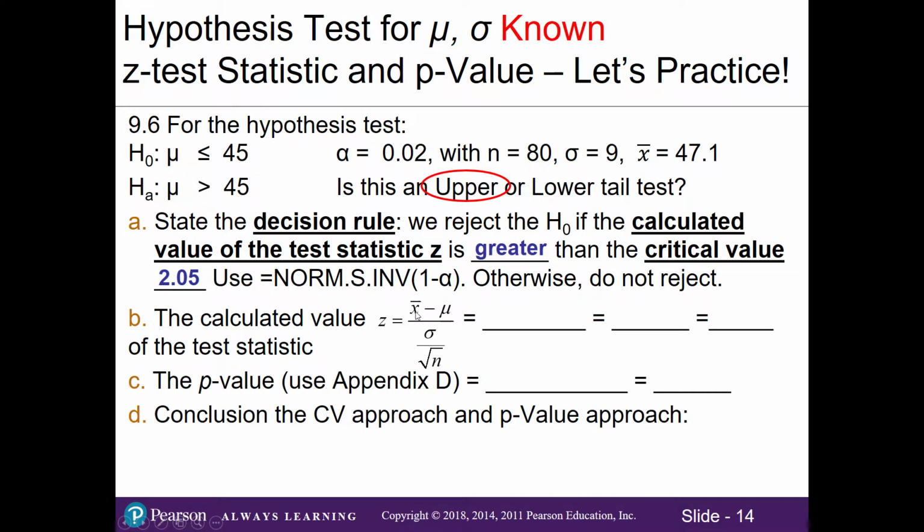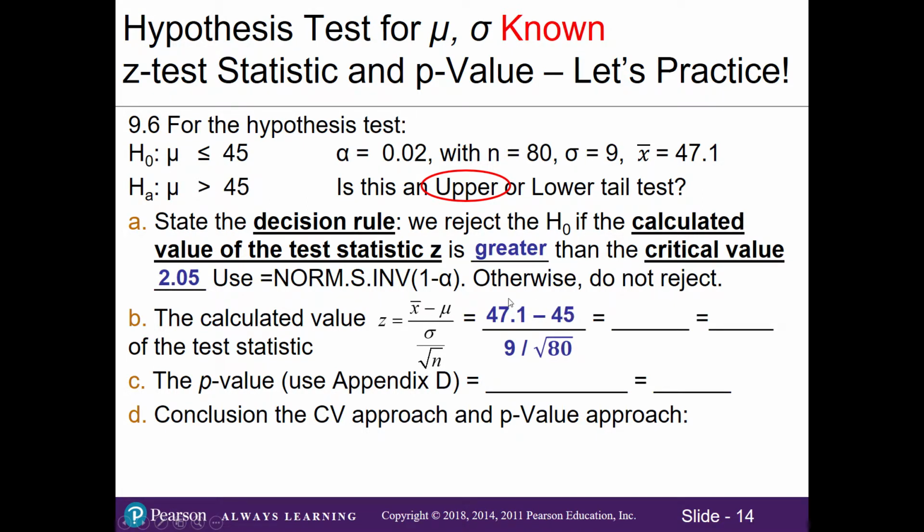We'll plug in our sample mean given to us right here of 47.1 minus our hypothesized population mean of 45. We'll plug in our known population standard deviation of 9. And again, if you see this sigma symbol, that means we know the population standard deviation. And then we'll plug in our sample size of 80 into the square root.